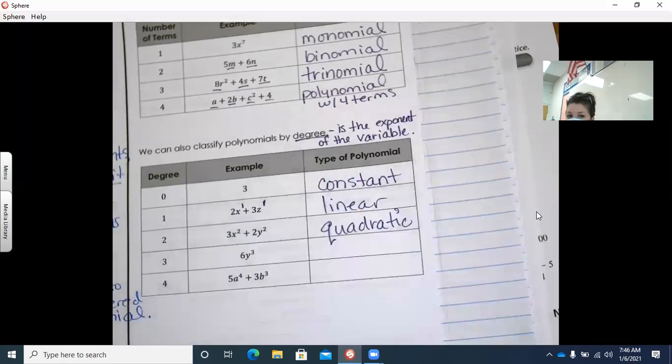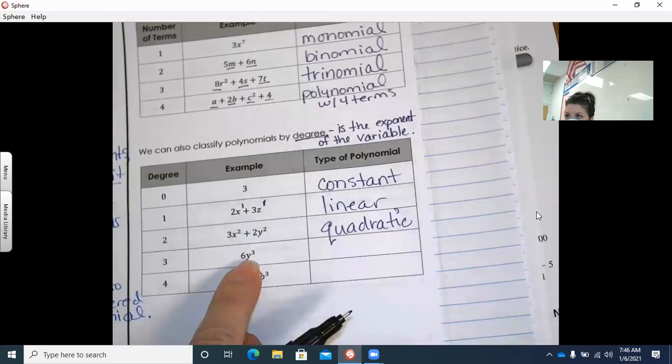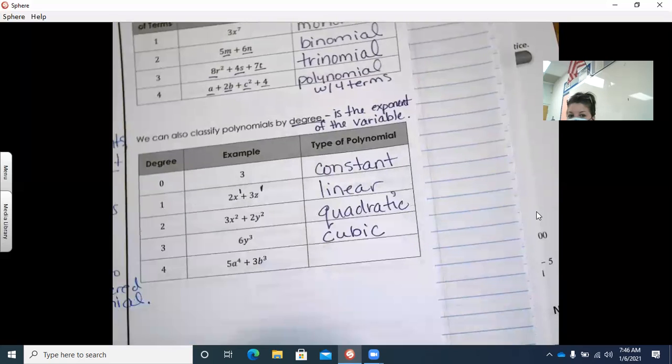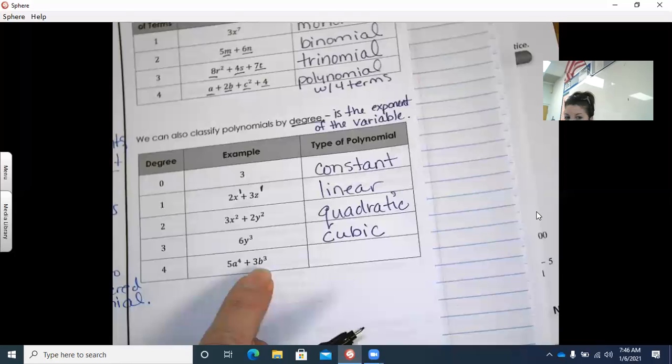Next example, how many degrees does 6y cubed have? 3. Do you know what we call that? It's called a cubic polynomial. So look at the next one, 5a to the 4th plus 3b cubed. How many degrees does 5a to the 4th have? 4.